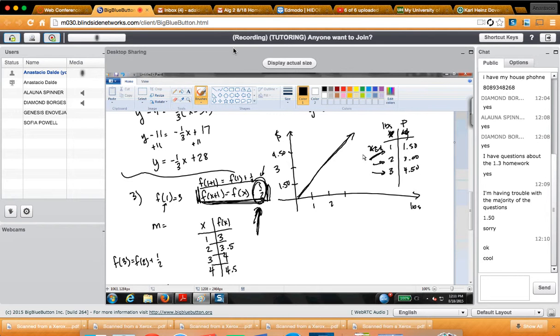Let's choose this one as the first point, and this one as the second one. So here's my second point, and here's my first point. m equals $4.50, that's the y2, minus $1.50, divided by 3 minus 1. It's y2 minus y1 over x2 minus x1.